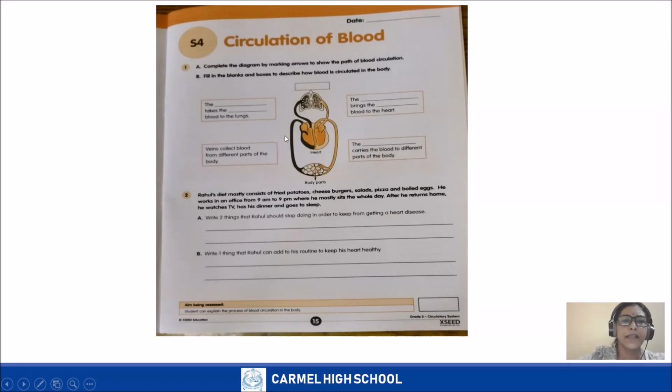So this side, right side of the heart, is getting what type of blood? Deoxygenated blood entering the right atrium. So these are the vena cavas. So you'll show the arrow in this way, and then from there it is taken to the lungs for purification.